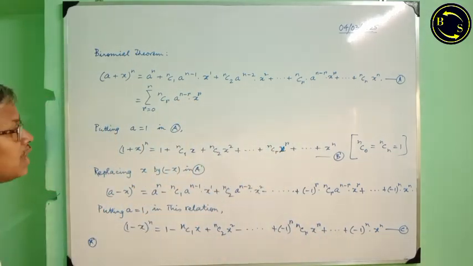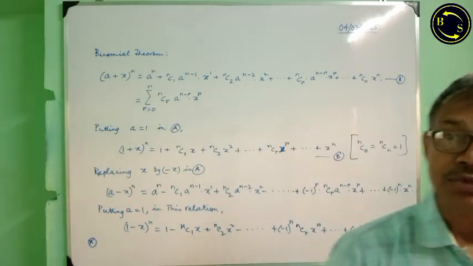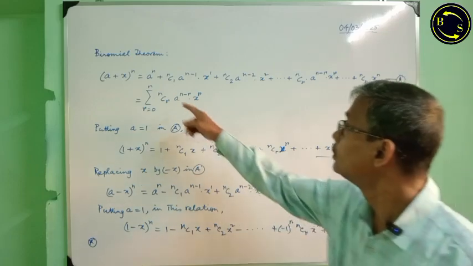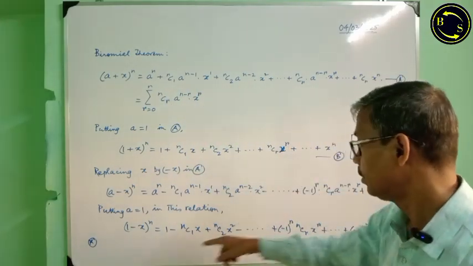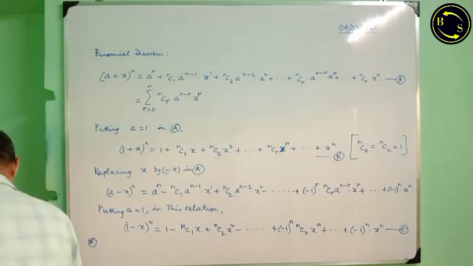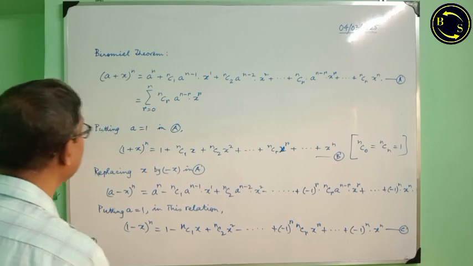Next matter is what will be the middle term of the expansion. Middle term, what will be the middle term of this expansion? Actually that depends on the value of n.